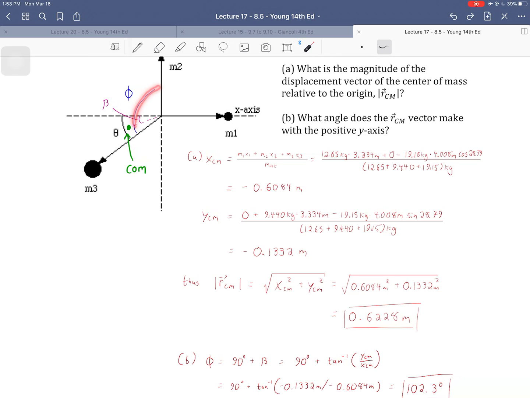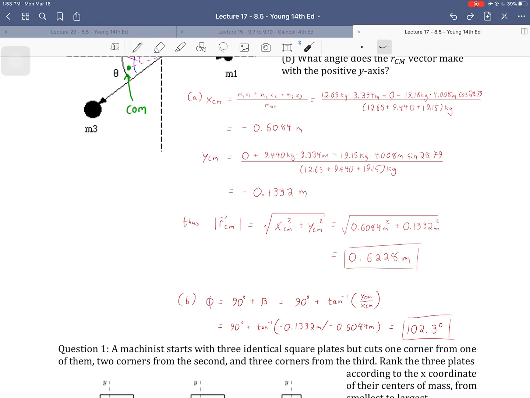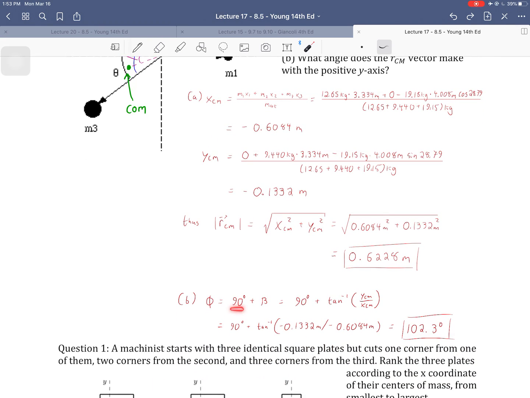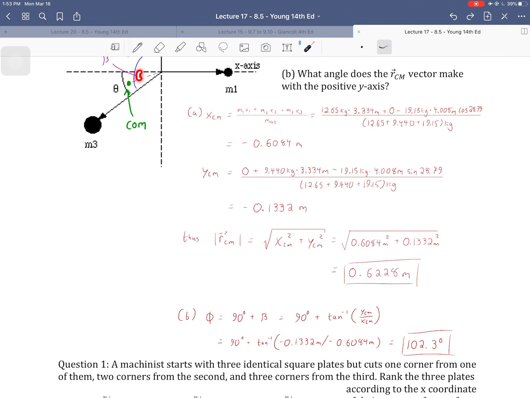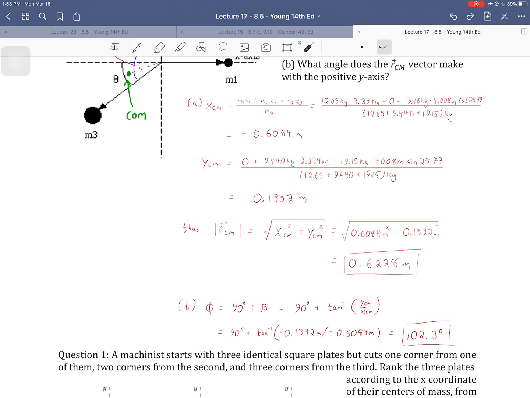It extends a little bit too far down. Okay, because it doesn't go from the vector for mass 3 to the positive y-axis, but instead from this vector to the positive y-axis. But you can see in the calculations that I calculate it correctly. So I take 90 degrees and then add beta. Beta is just this small vector here, and then that will give us the vector that we were asked for.